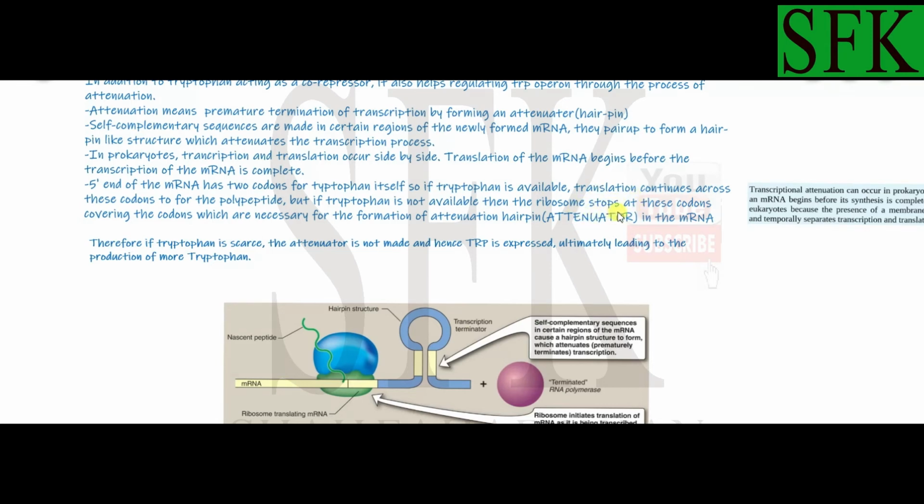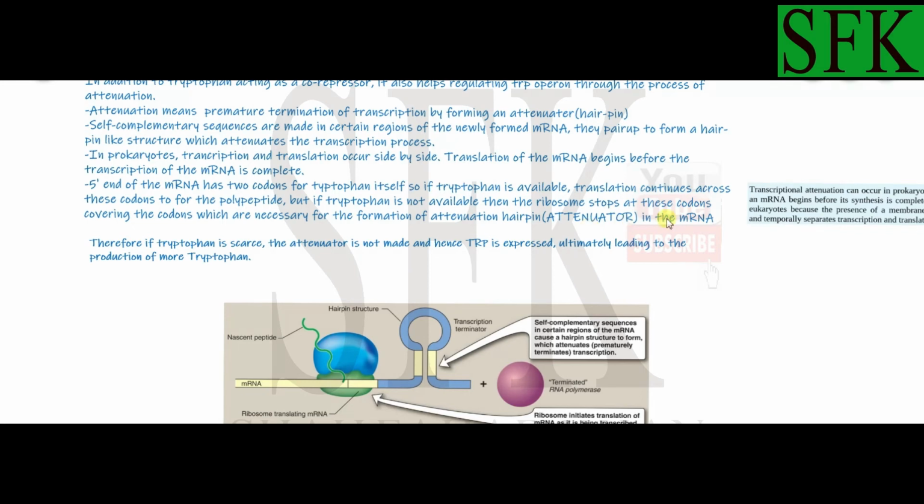Once it stops, what happens? The ribosome kind of covers the attenuator sequences. It covers those codons which are necessary for the formation of the attenuator, for the formation of that hairpin. So if the ribosome covers the attenuator sequence and does not move forward, what would happen? Transcription of the mRNA molecule will still continue.